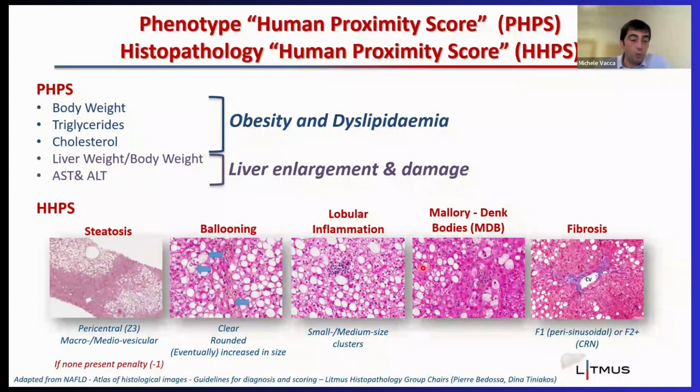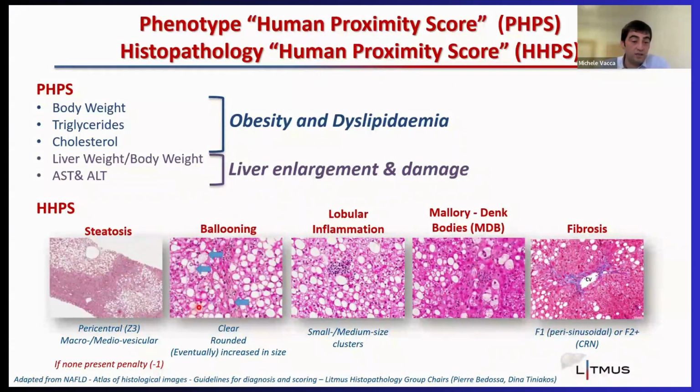In other words, we want steatotic lesions to be pericentral and characterized by macro and/or mediovesicular steatosis. If none of these features are present, the model gets a penalty.